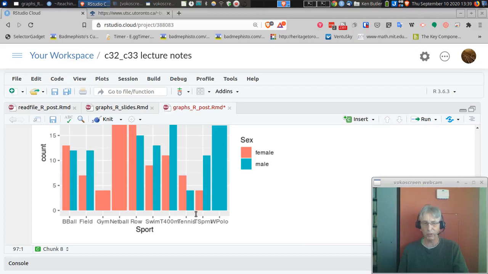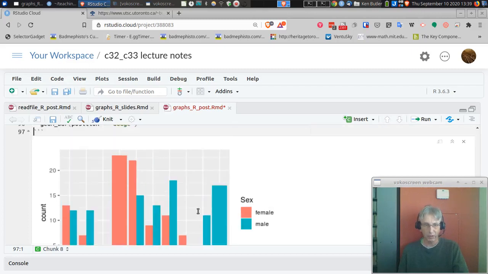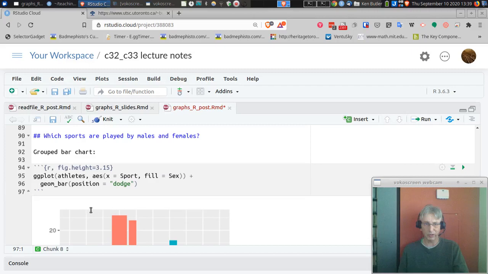And so on and so forth. So I like this kind of setup, where you have an X and a fill, and a position equals dodge in here to put the bars side by side. That's what I like. So I think that's a better way to do it.